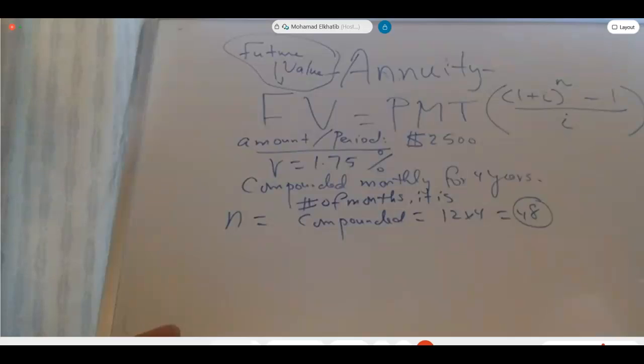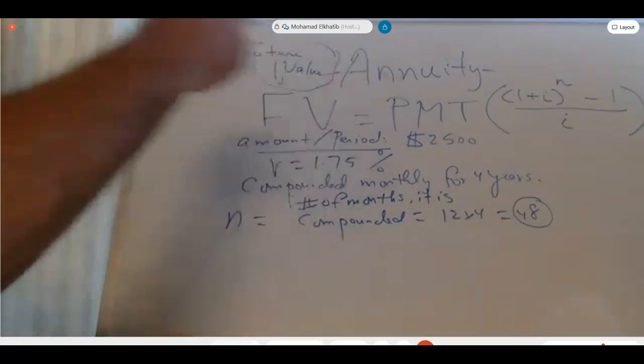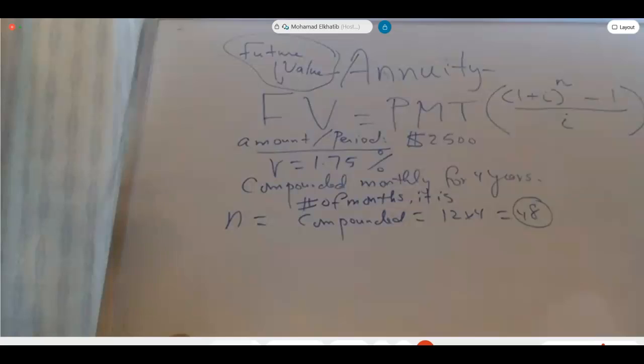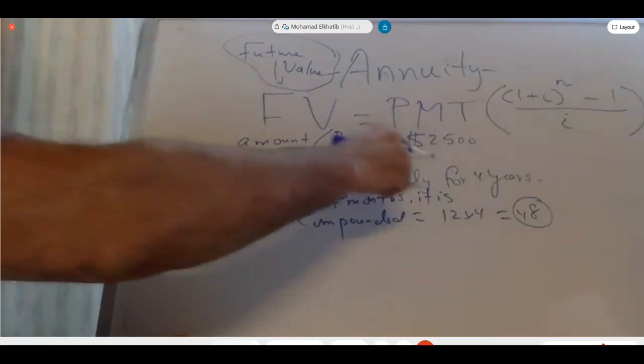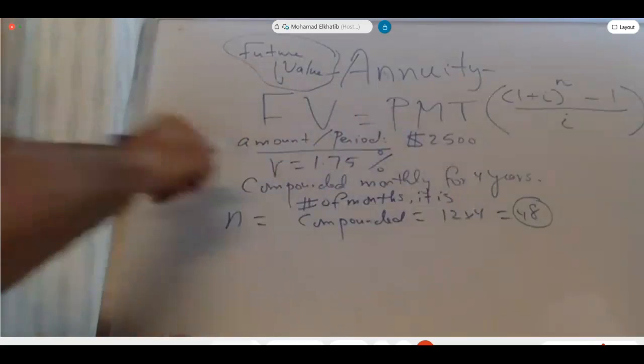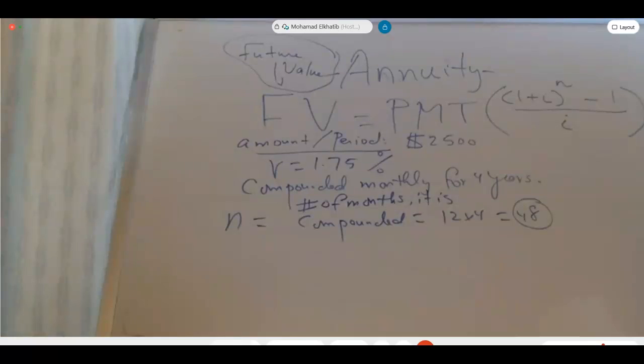If you did the other formula, N was 12 for compounded monthly. But for the annuity, you need to change the years to months. So you have 4 years. 12 times 4 makes N 48. Is that clear, class?